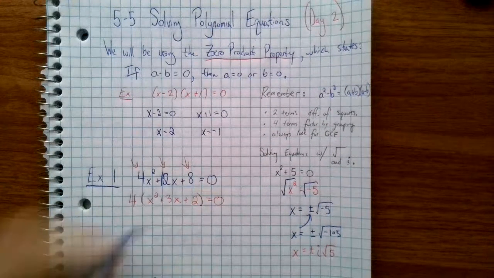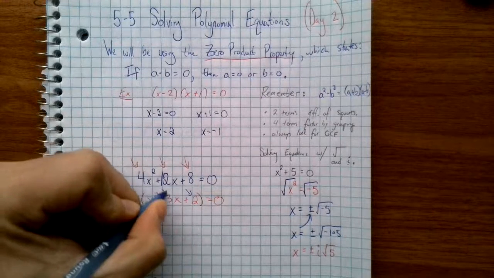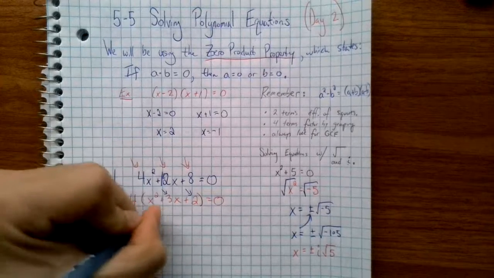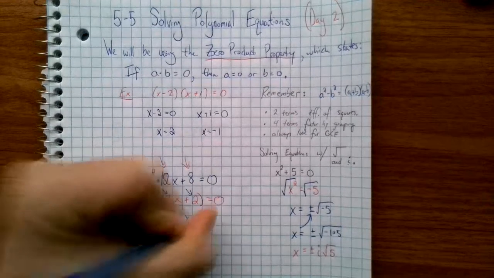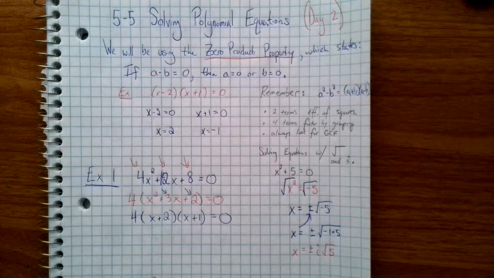We can see that we have 3 terms, and so we are interested in a product of 2 and a sum of 3. And what that would give us is x plus 2 and x plus 1, because 2 times 1 is 2, and 2 plus 1 is 3.